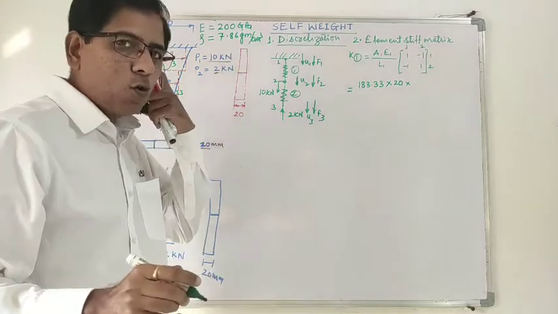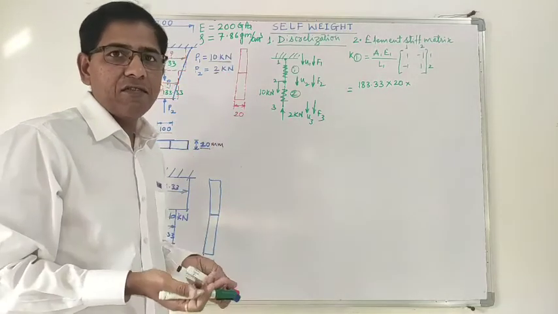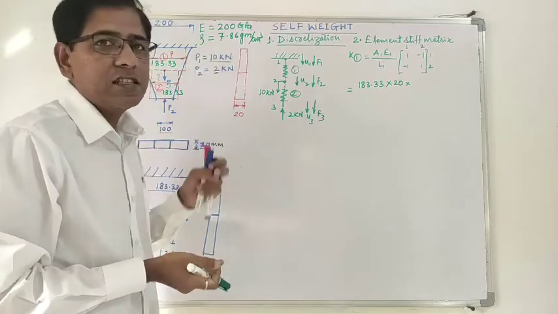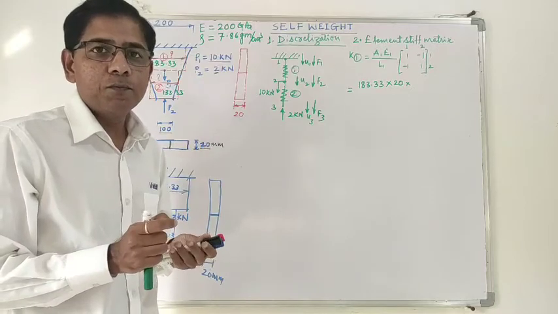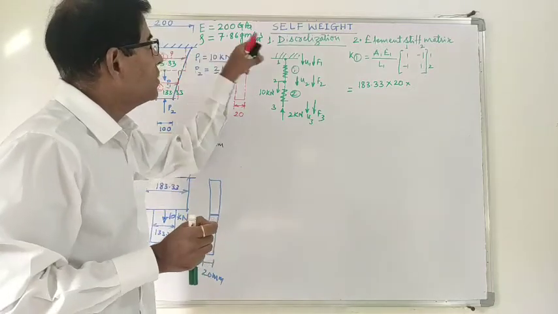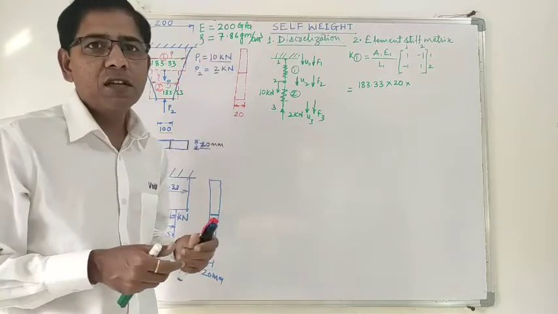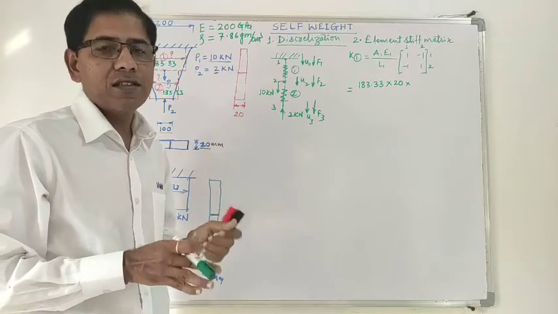So how to identify whether we need to consider self weight or not? That is from this density value. If the density value is given in the problem, that means you need to consider the self weight of the problem. And if the density value is not given, then you don't have to consider the self weight.